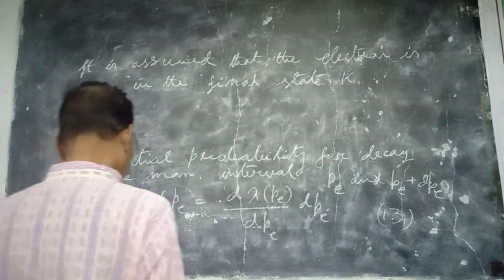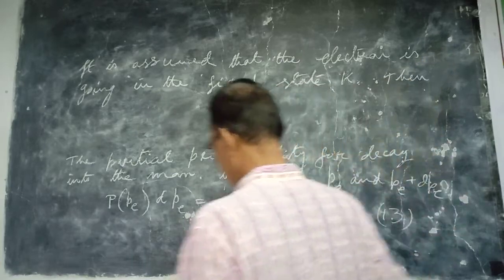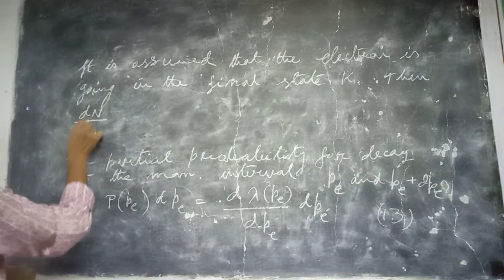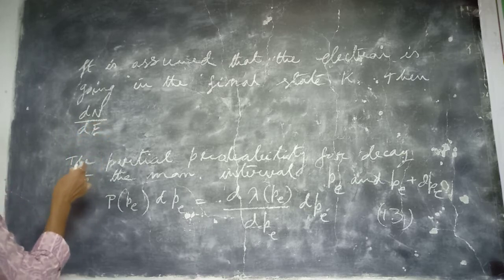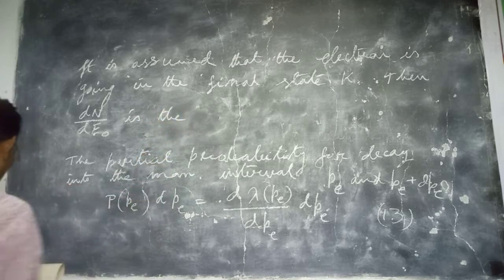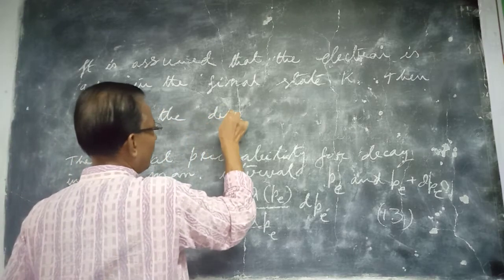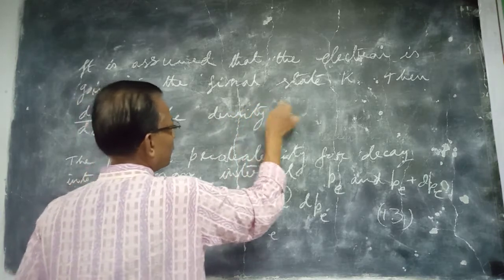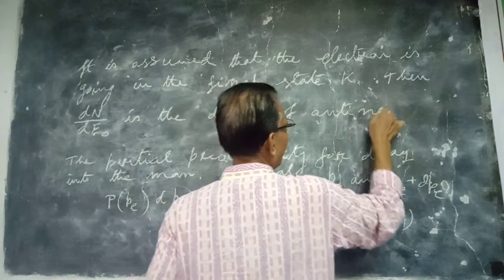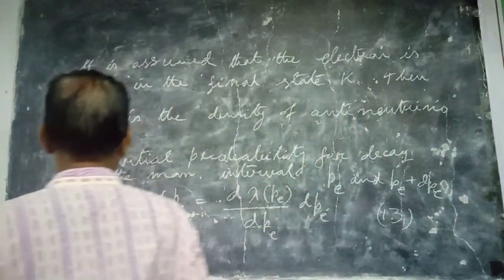Now the electron is fixed, then this dn nu bar is the density of the neutrino states, because the variable is the antineutrino states.